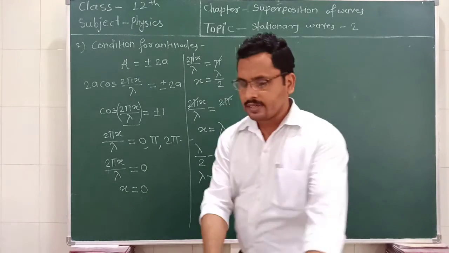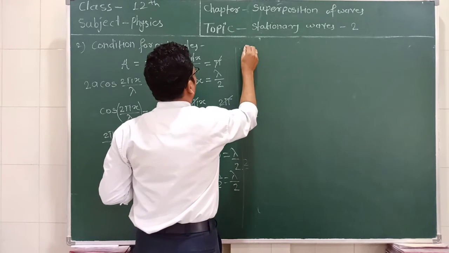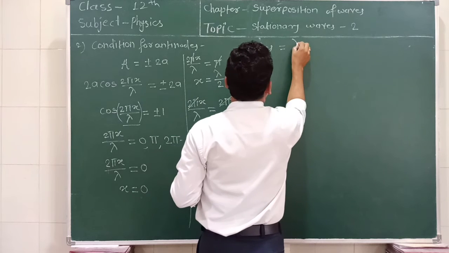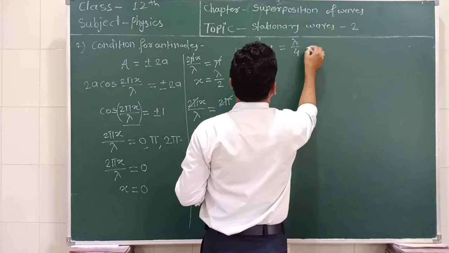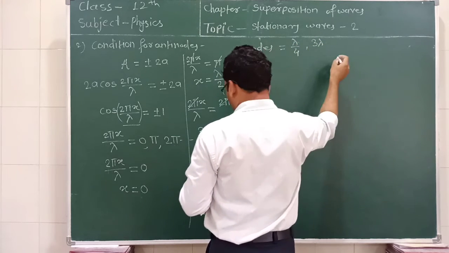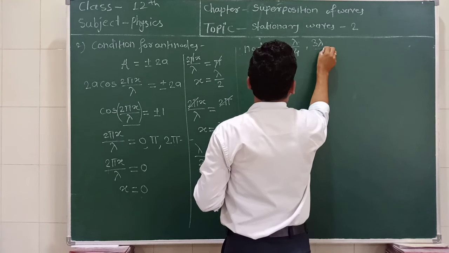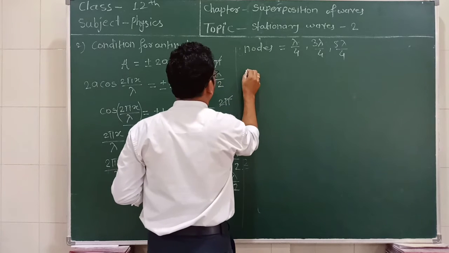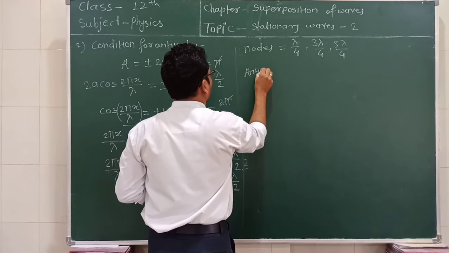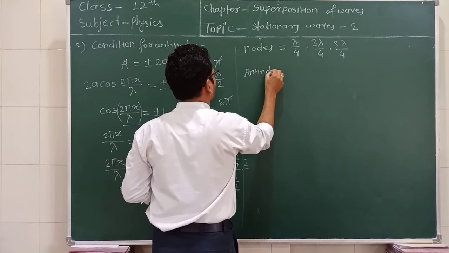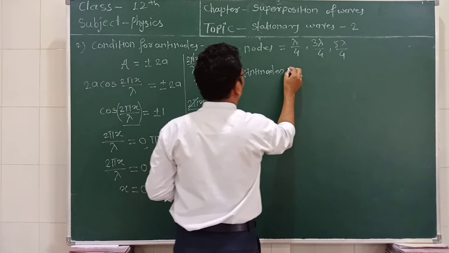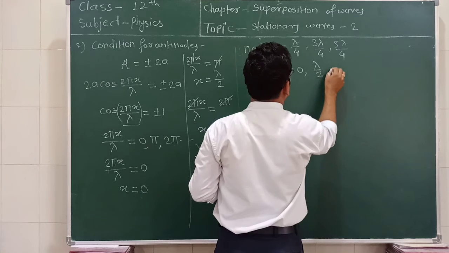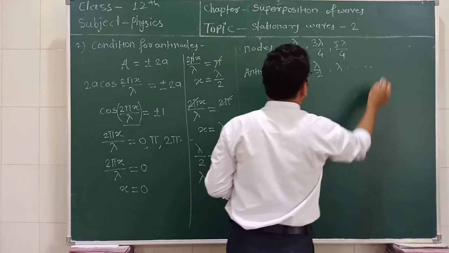So we can calculate here. We can summarize this like: the nodes are formed at lambda by 4, 3 lambda by 4, 5 lambda by 4, like this. And the antinodes are formed at 0, lambda by 2, lambda, like this.